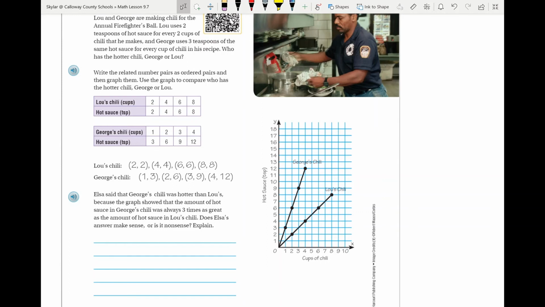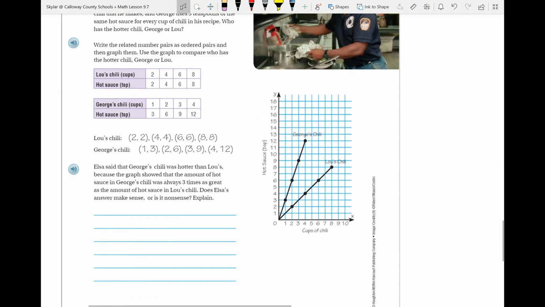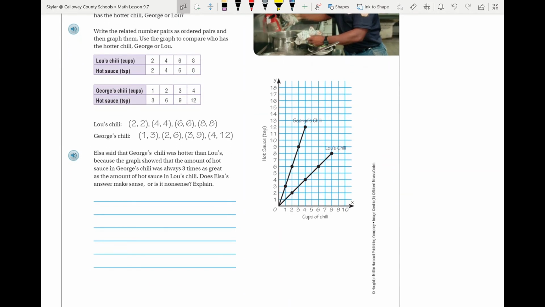Because down here at the bottom it says Elsa said that George's chili was hotter than Lou's, because the graph showed that the amount of hot sauce in George's chili was always 3 times as great as the amount of hot sauce in Lou's chili. Does her answer make sense, or is it nonsense? So read through there, figure out what you think, see if their answers are correct, and then explain why or why not Elsa is correct. So I'll give you a second, pause the video here.